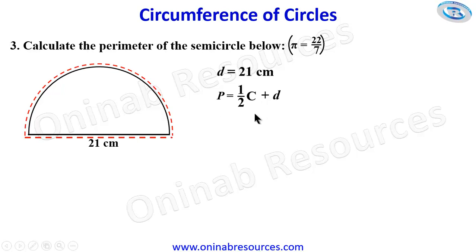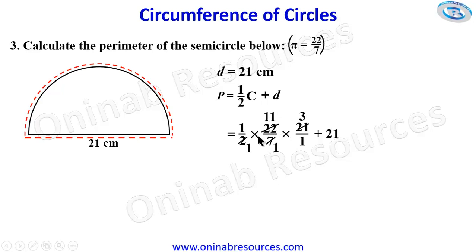So we go ahead. This is going to give us 1 over 2 times circumference, which is pi d. So we have pi to be 22 over 7 and the diameter to be 21 over 1, plus the diameter again, that's plus 21. So here 7 goes into 7 one time, 7 goes into 21 three times. 2 goes into 2, 1. 2 goes into 22 gives 11.